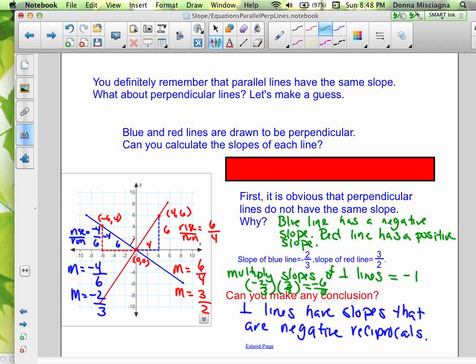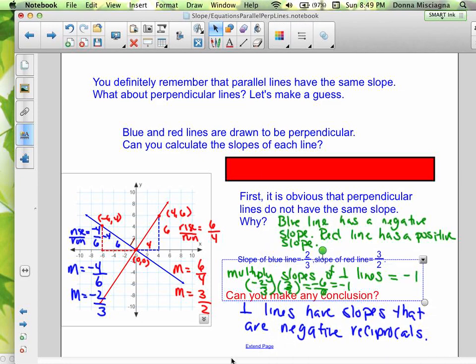And -6/6 is -1. So that's another way you can think of it. Perpendicular lines have slopes that are negative reciprocals. And if you multiply the slopes of two perpendicular lines, their product is always going to equal -1. And that's always true.